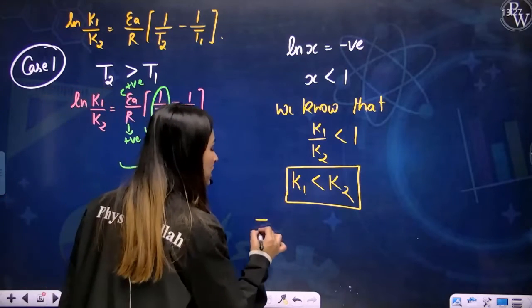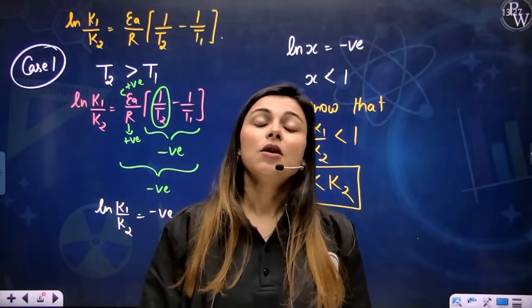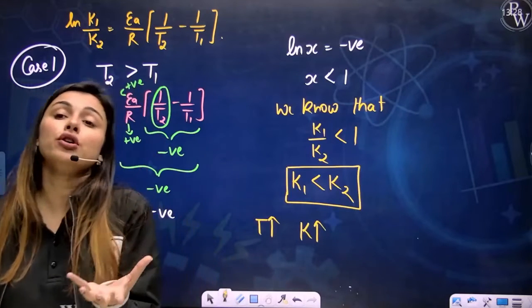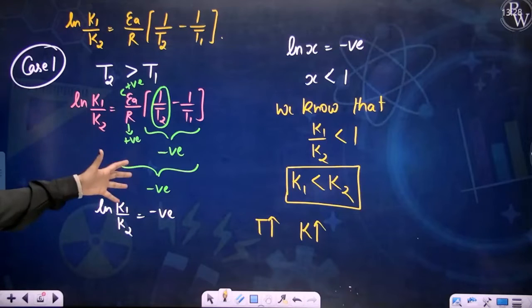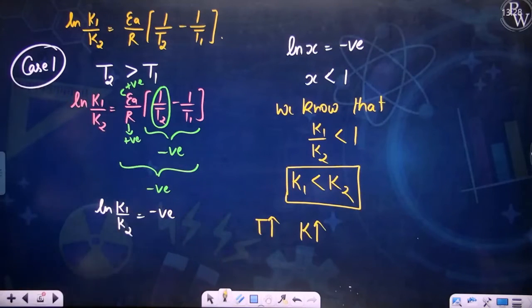So more the temperature, more will be the value of rate constant. This is something you derived on your own. Right? Yes, perfect. Write this down and then we'll discuss the second case as well.